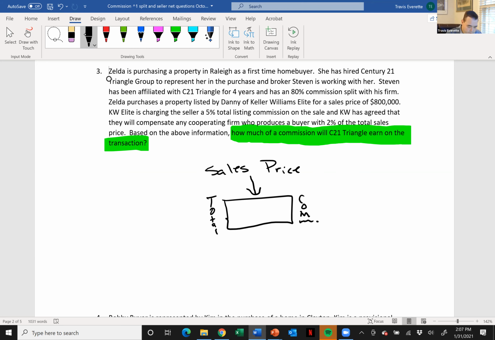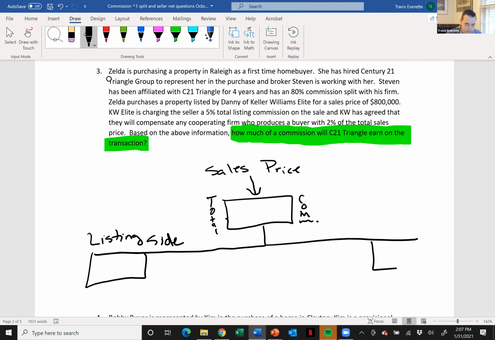And then we know that that total commission is going to get split into two pieces, one called the listing side and the other called the selling side. Okay.